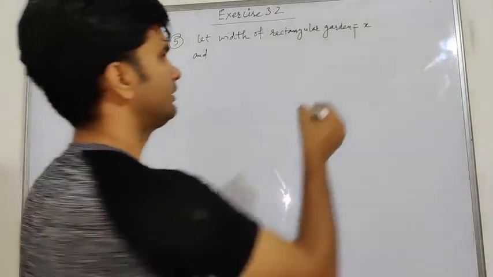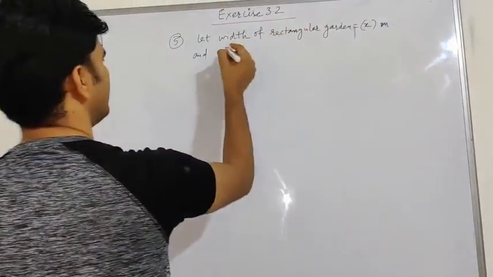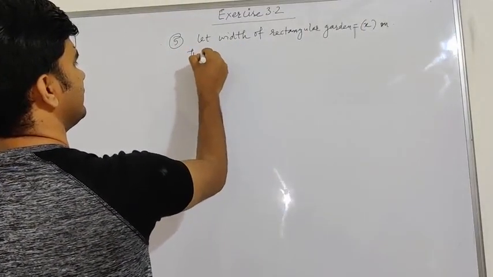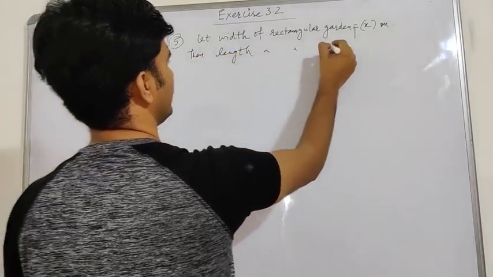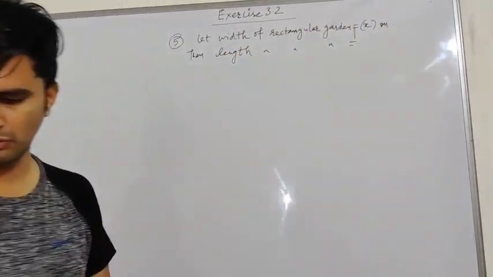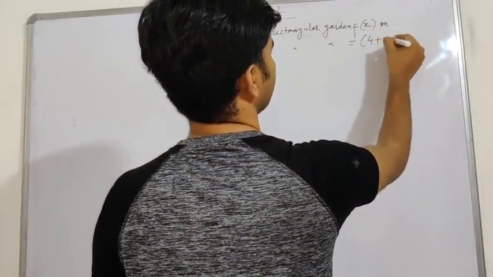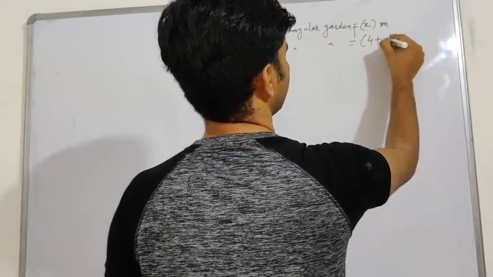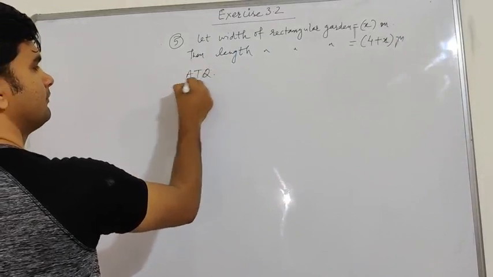It is in meter, so it is x meter, and the length, then length of rectangular garden, it is 4 more than its width, so it is 4 plus x meter, right? Now move according to question.